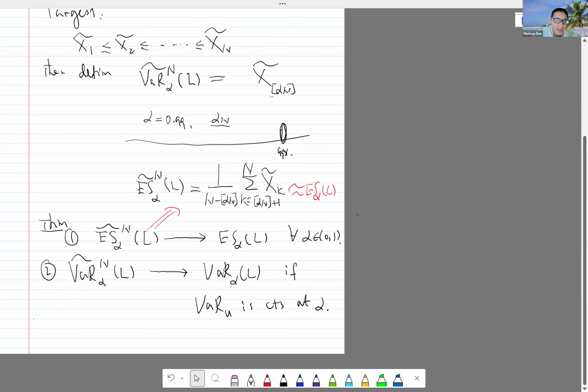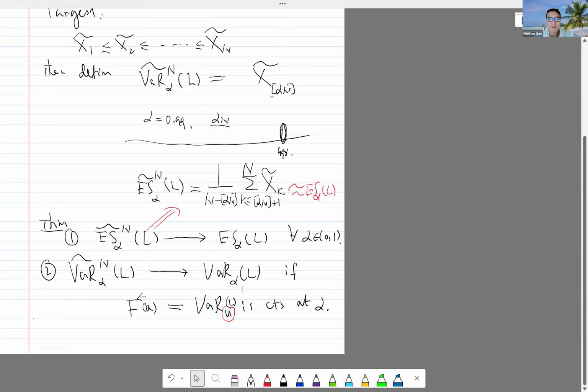As a function of u, if value at risk is continuous at alpha, then the value at risk estimate converges.